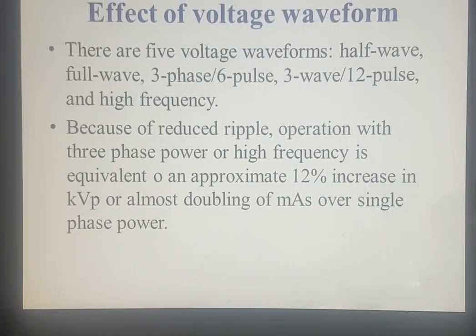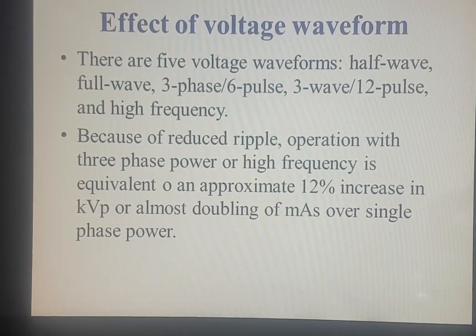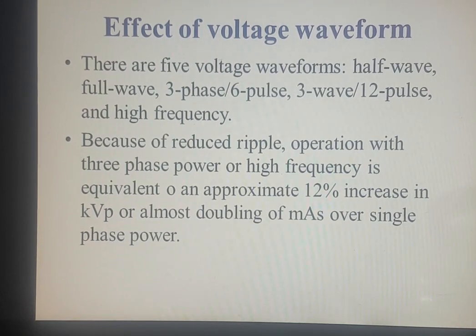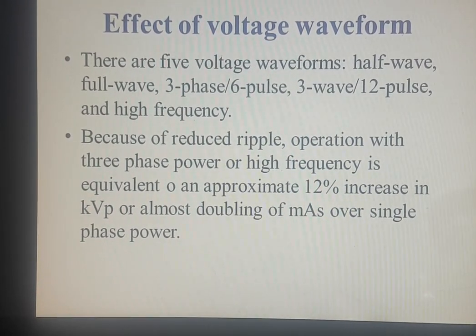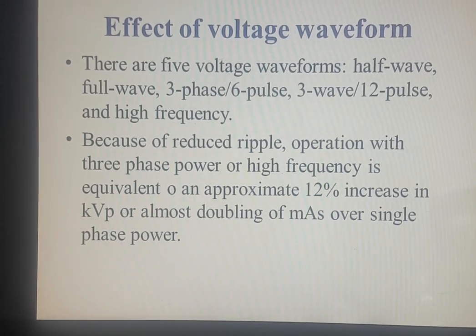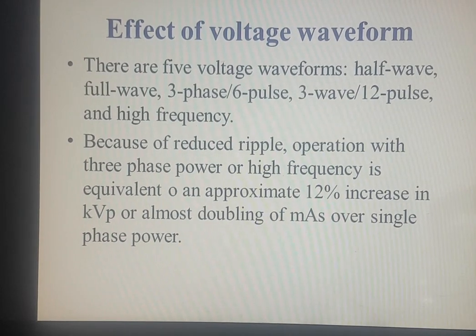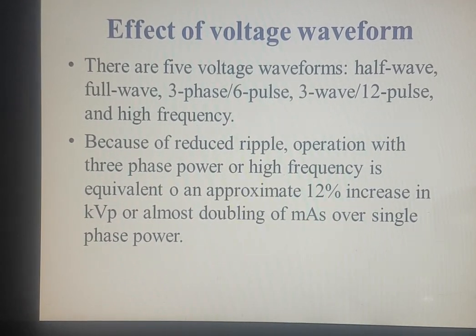And this is the rule of thumb for radiologic technologists, based on the relationship between the X-ray quantity and the high voltage ripple. Because of the reduced ripple, operation with 3 phase power or high frequency is equivalent to an approximate 12% increase in kVp, or almost a doubling of mAs over single phase power.